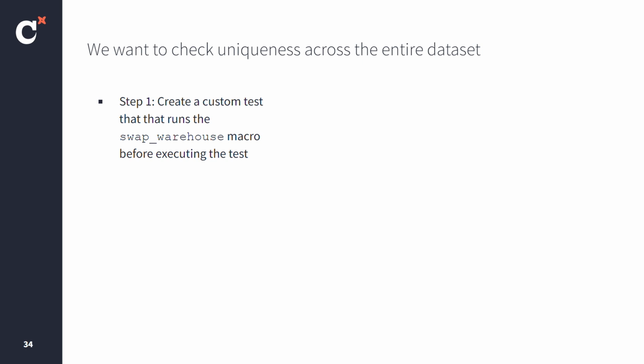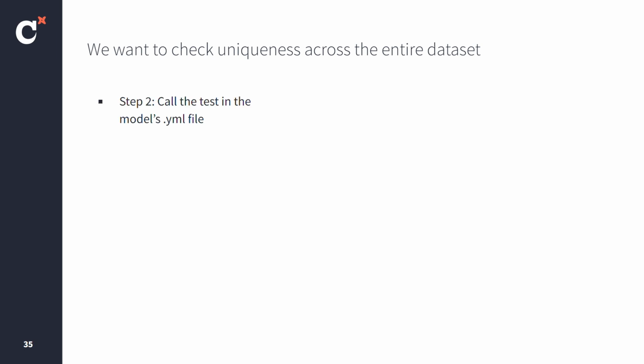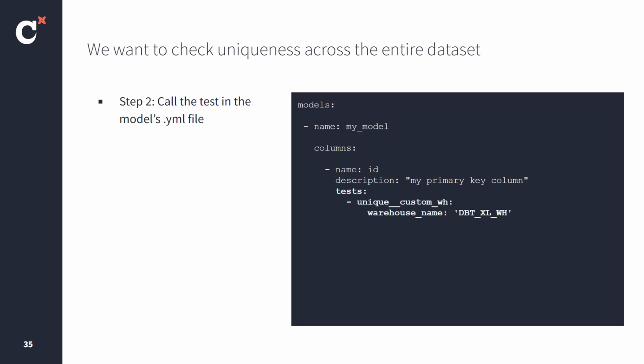So we create a custom test that runs a swap warehouse macro before executing the test. The code for that one is much more straightforward. And then in the model's YAML file, you can call that test. It's just called unique custom warehouse, and you specify the warehouse name.